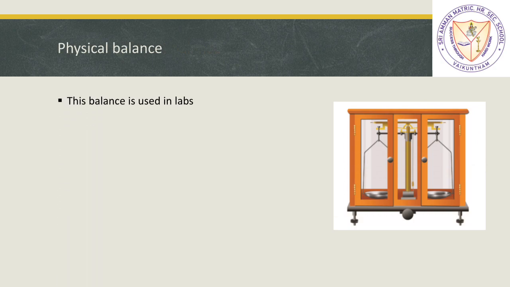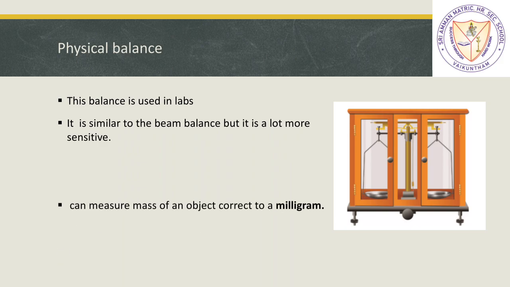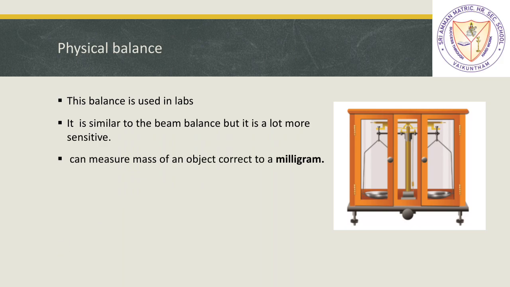This balance is used in labs. It is a very sensitive one. It is similar to the beam balance, but a lot more sensitive, even to the air. That's why it is kept inside the glass box. It can measure the mass of an object correct to a milligram.